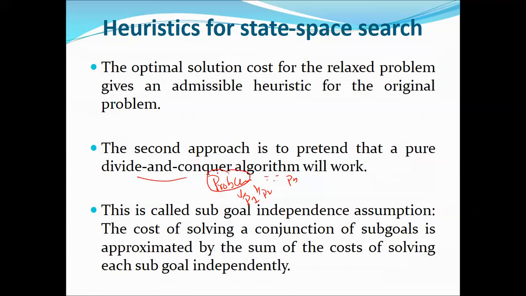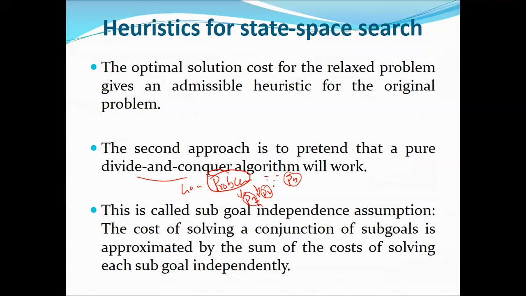This is our original goal. Problem solving means achieving the goal. So we are dividing the problem into several sub problems. It means each sub problem will have sub goals, right? And then we are going to combine all these things.